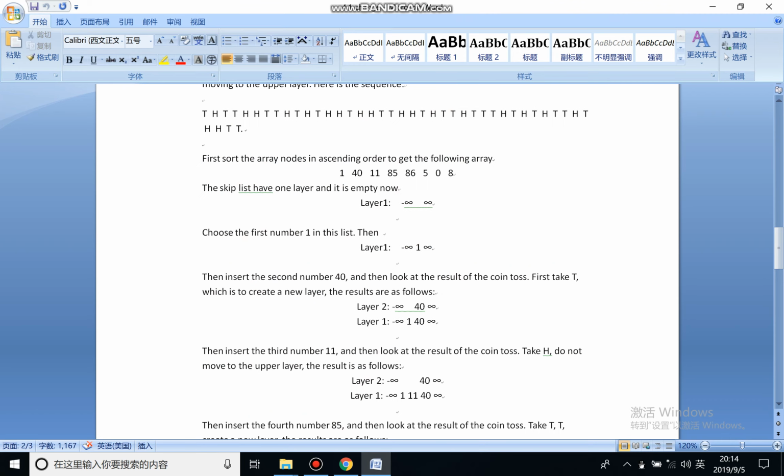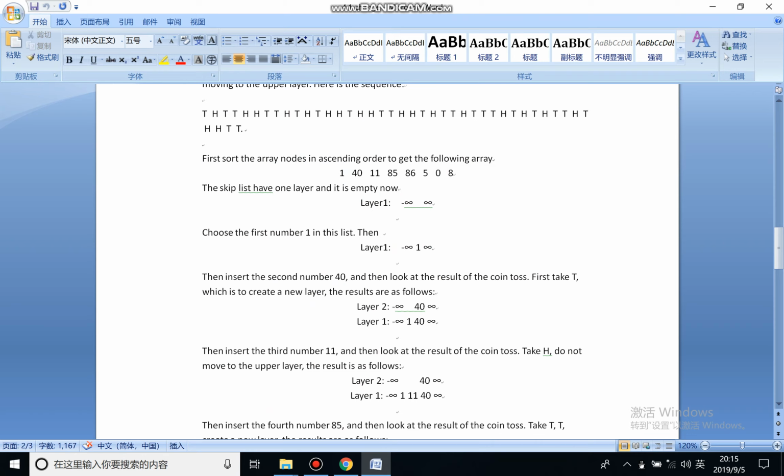First, make the first layer with the minimum and the maximum. Second, insert the first number into the first layer, and it can be inserted because there is no element here, so just insert it, and then insert the second.